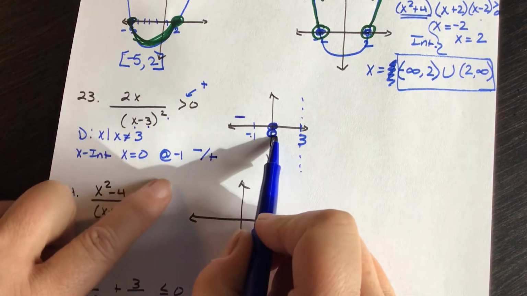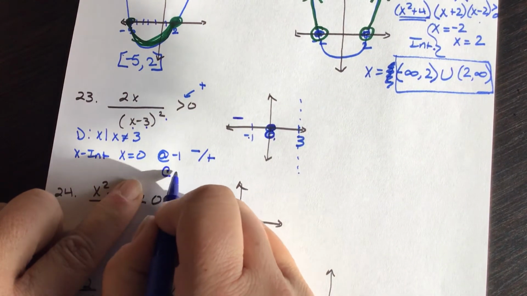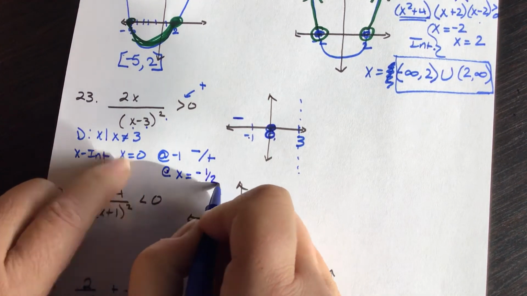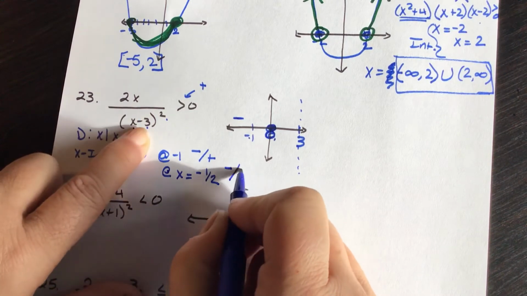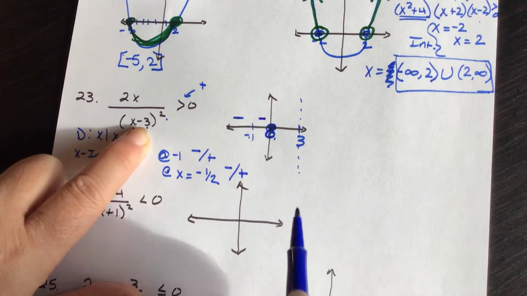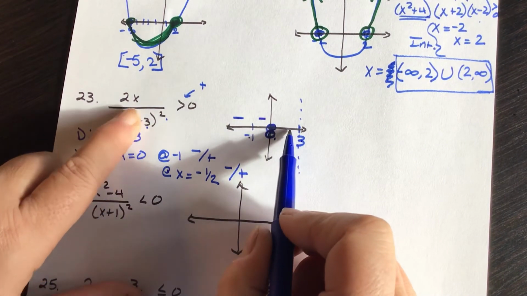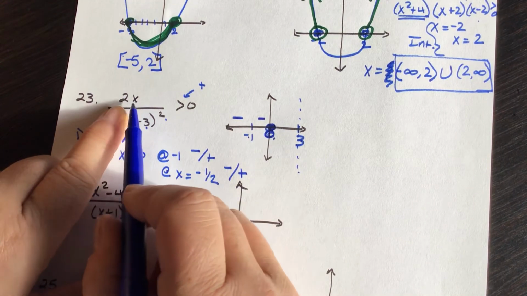Between -1 and 0, like at x equals -1/2, 2 times -1/2 is negative, and the bottom is always going to be positive, so this is negative.